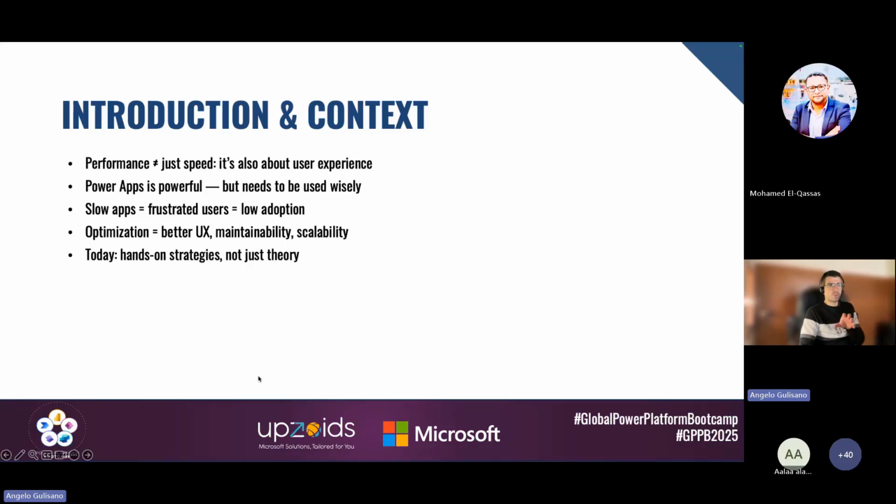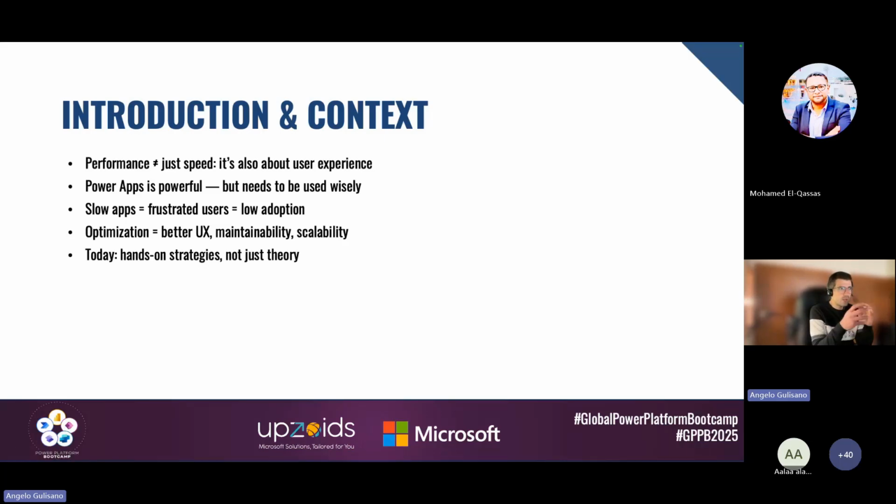So I think that optimization helps to build a better experience and makes your application easier to maintain, also in a low-code context, which is Power Apps. A slow app equals frustrated users, and frustrated users equals low adoption.